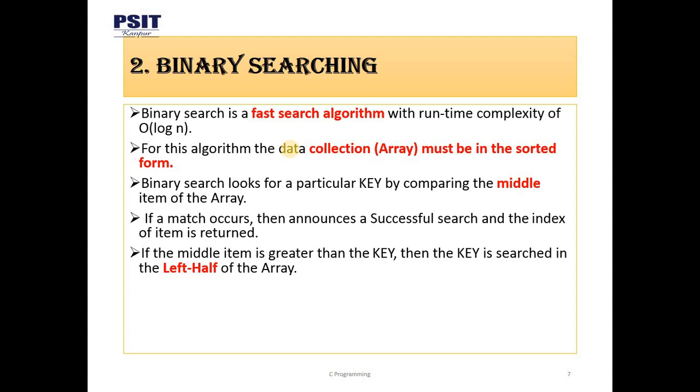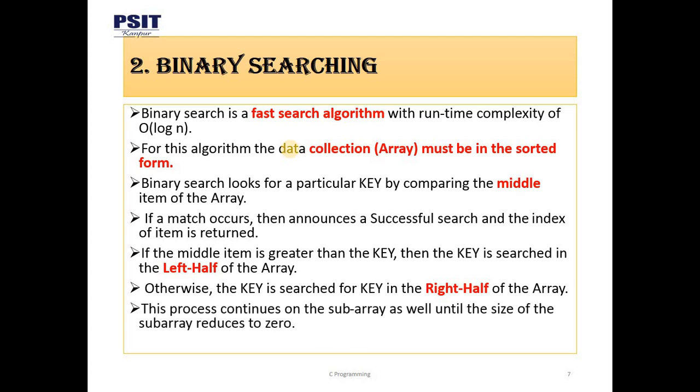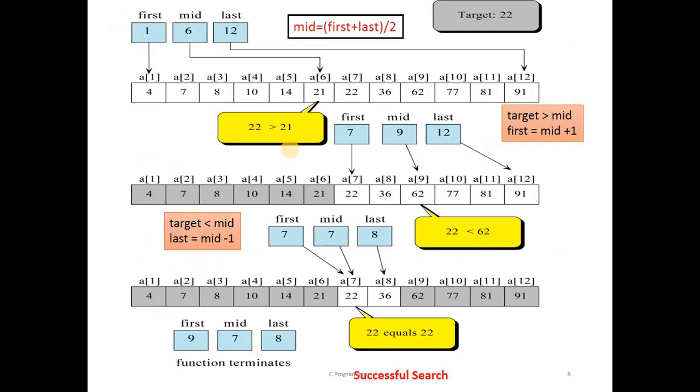But in reverse, if my key is larger than the middle element, then we will search further in the right half of the array. This process will continue on the sub arrays until the size of the sub array reduces to 0 or we get the element.